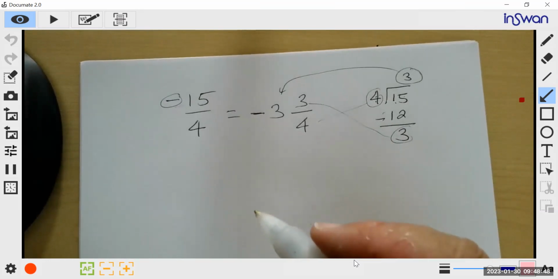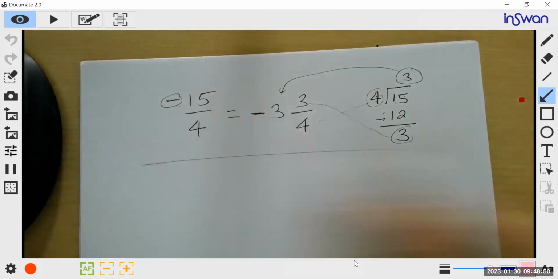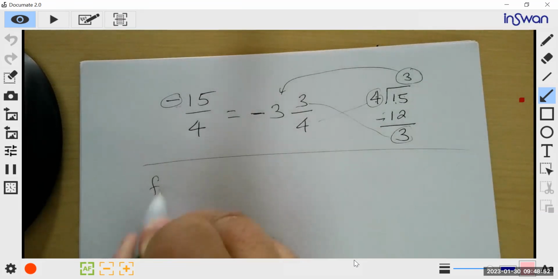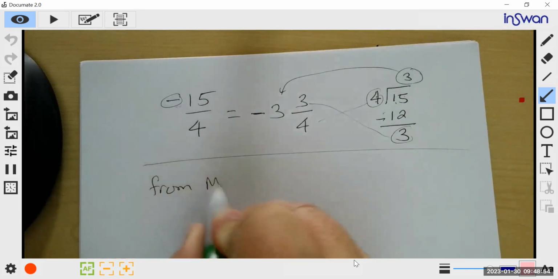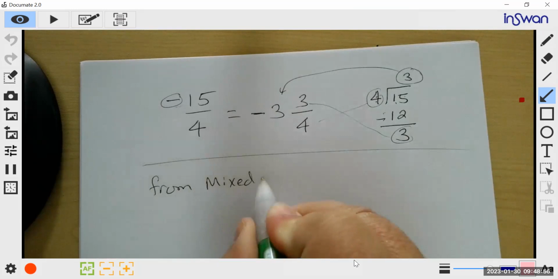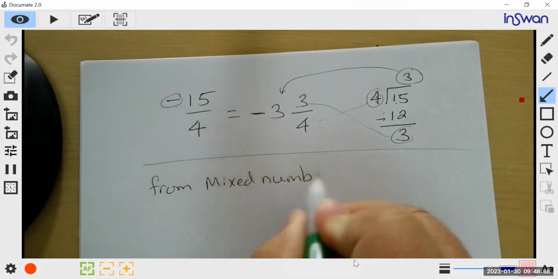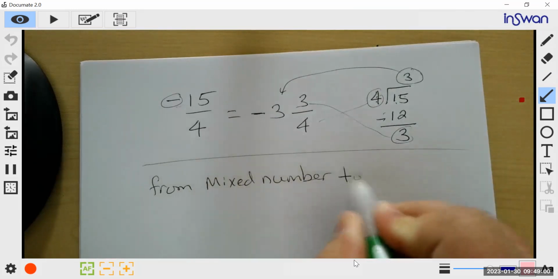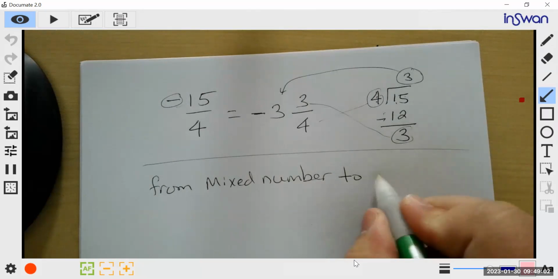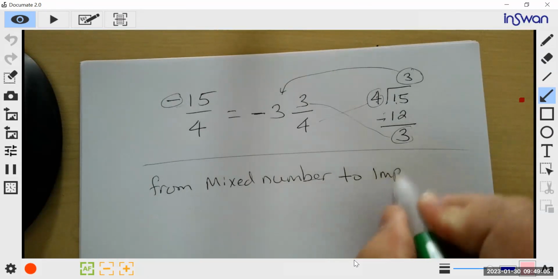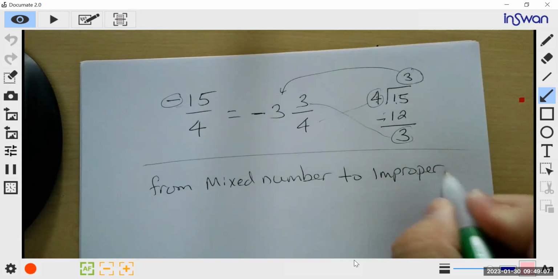Let's go backwards. From mixed number to improper fraction.